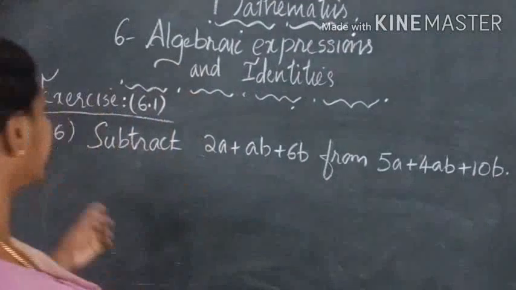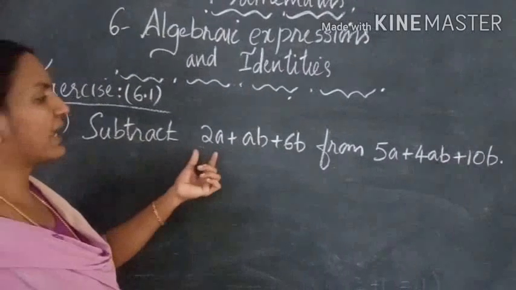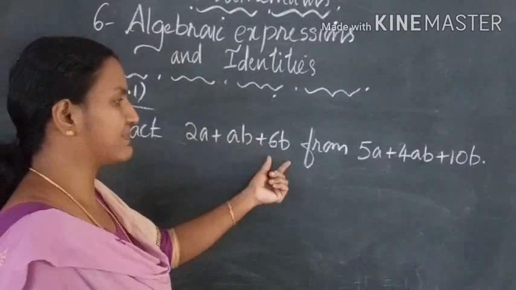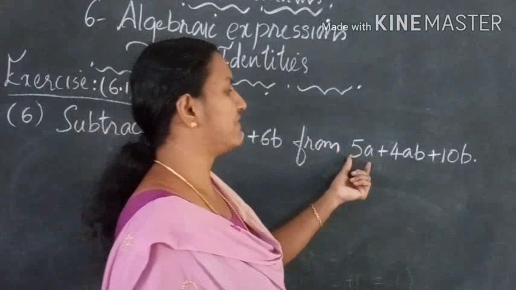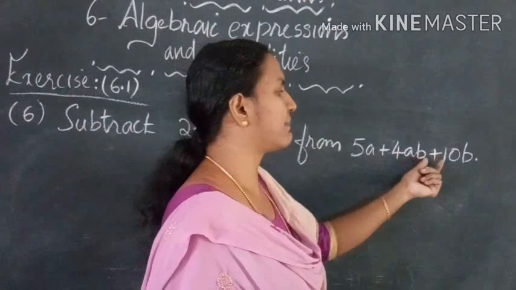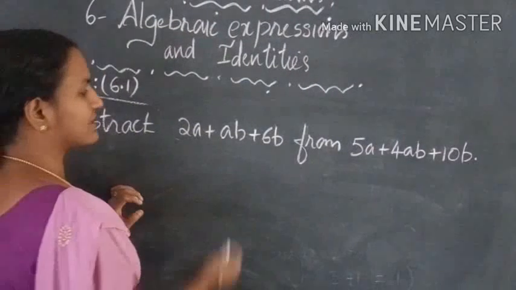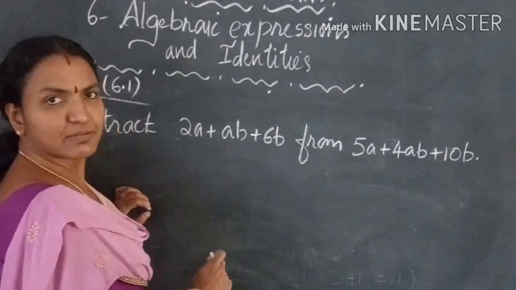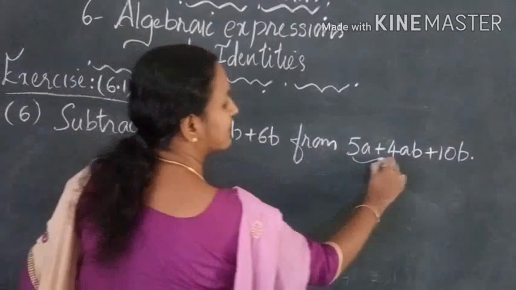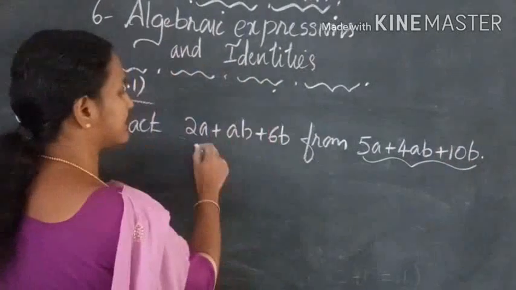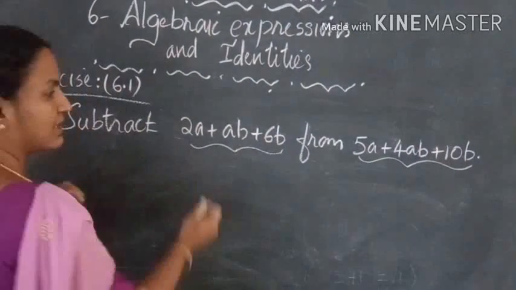Next, question number 6. Subtract 2a plus ab plus 6b from 5a plus 4ab plus 10b. We have to subtract this from this. It means the second expression minus the first expression.